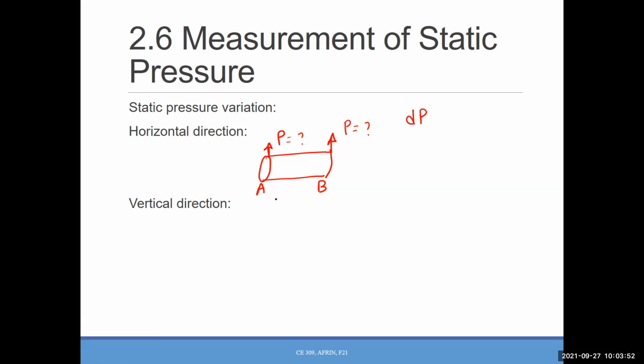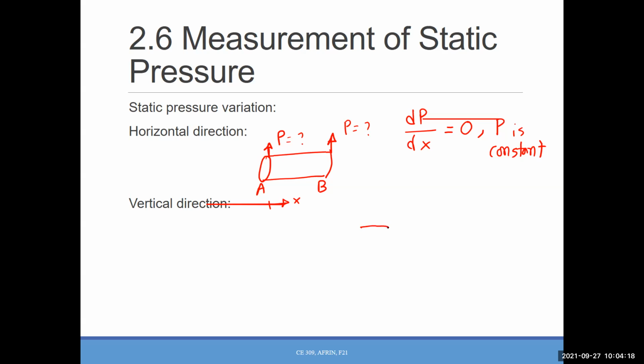If that is the x direction, dP over dx, what is the variation of pressure in the horizontal direction? It was 0. That simply means P is constant, right?